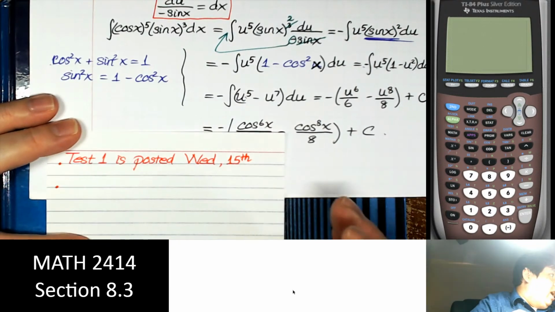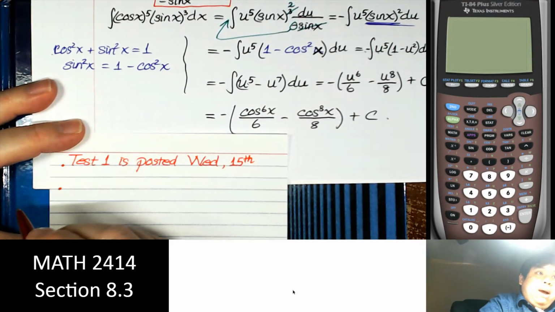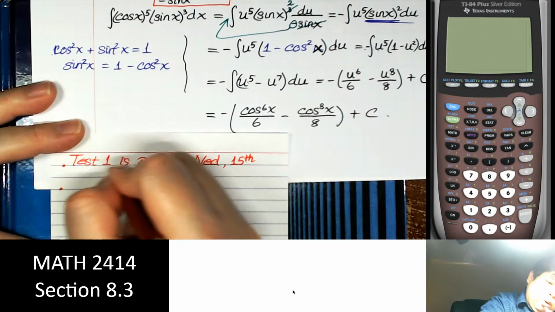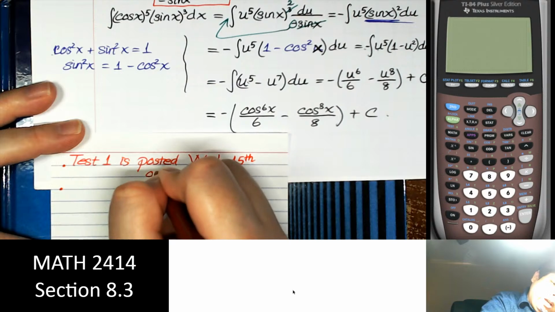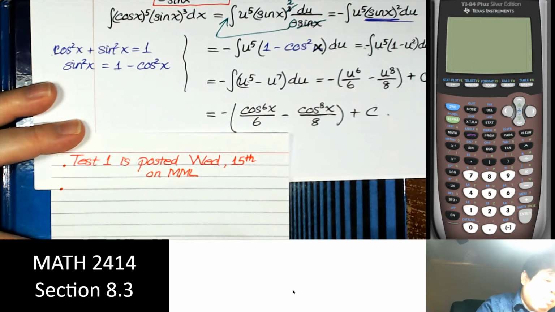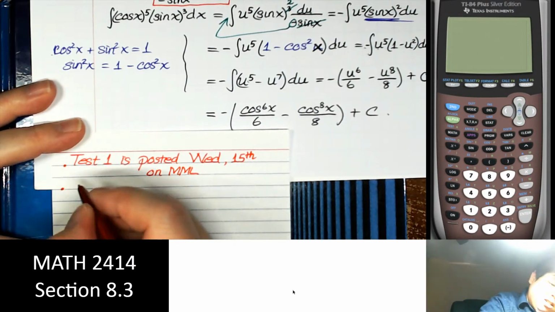And I got asked this too many times: remember, you have until the end of the semester to do the test. When I post the test, it will be on MyMathLab. So test 1 will be posted on MyMathLab, and the due date is the end of the semester.